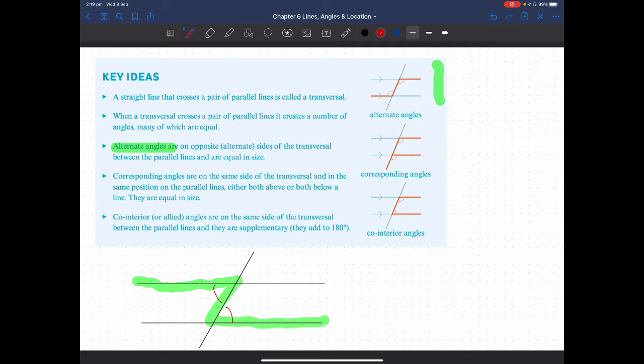So the alternate angles are sitting here and here where I've put the red crosses. These two are alternate to each other. Using my blue pen, this one here and this one here are alternate to each other as well.